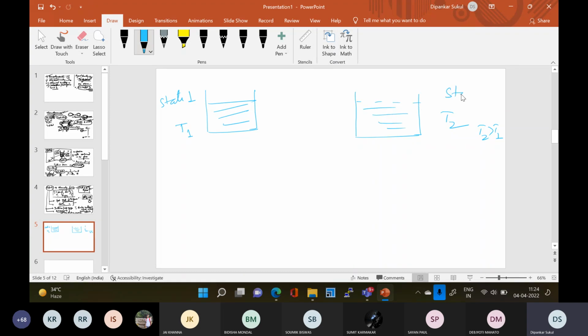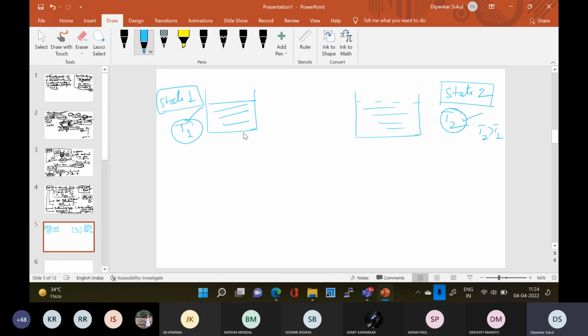Obviously, it is state 2. Temperature is a state function. When it has a particular value T1, I am defining the state as state 1. When the temperature is T2, I am defining the state as state 2.